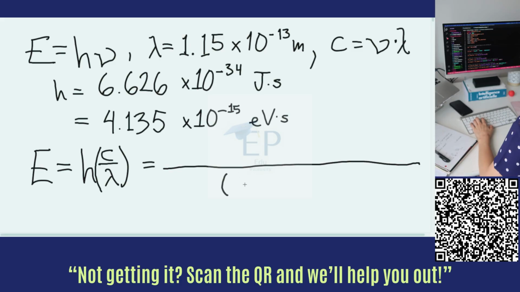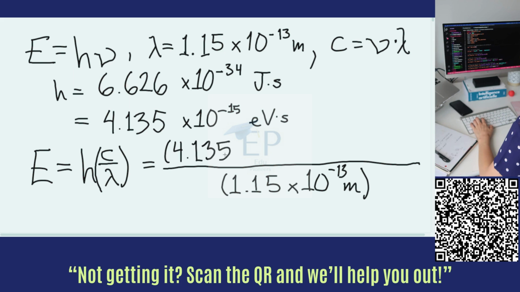We know in the denominator we have our 1.15 times 10 to the negative 13th meters. And in the numerator, we have our electron volts version of Planck's constant, to the negative 15th.